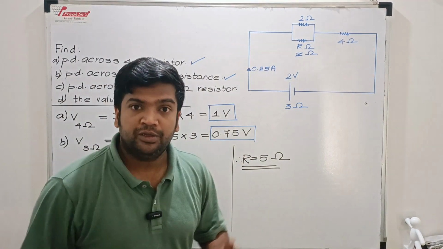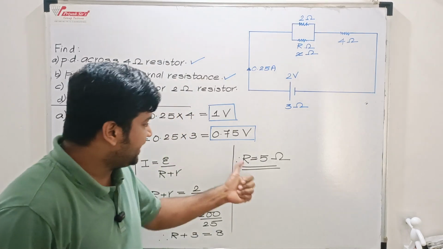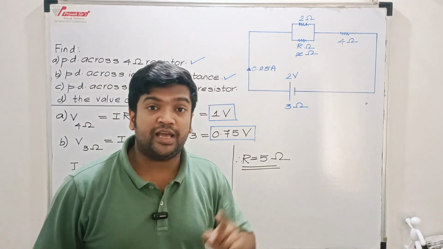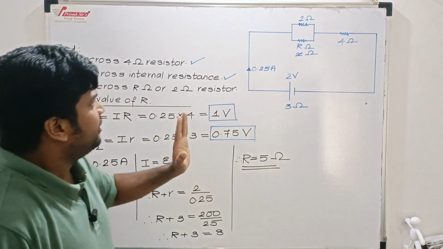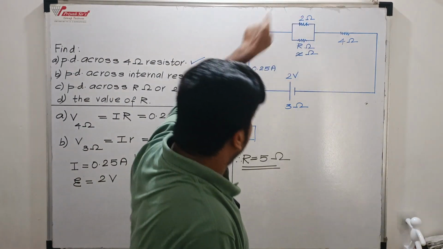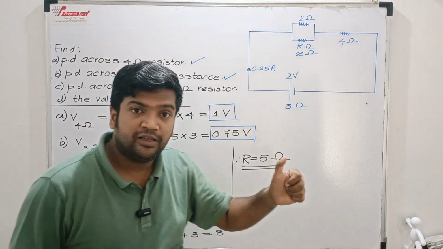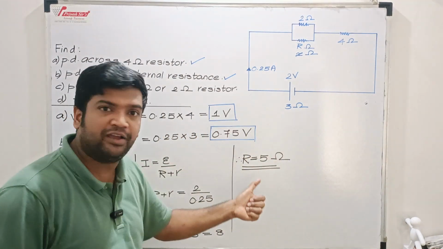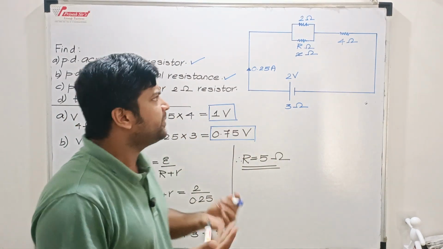Capital R is 5 ohm. Sure, beta? Now, what resistance does this capital R mean? External resistance. Okay, so these two and this one, their effective is the external, which is 5 ohm. We found out.